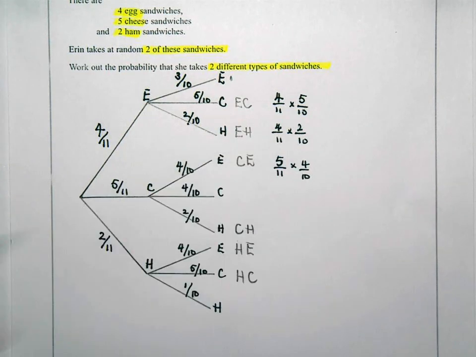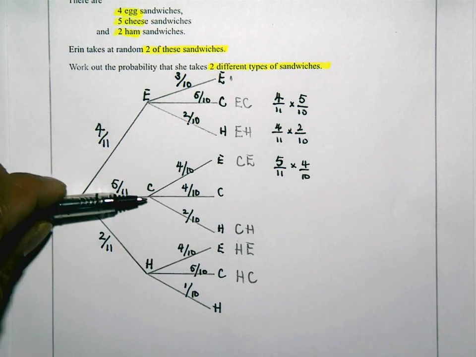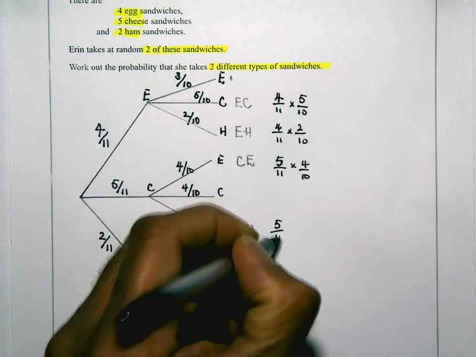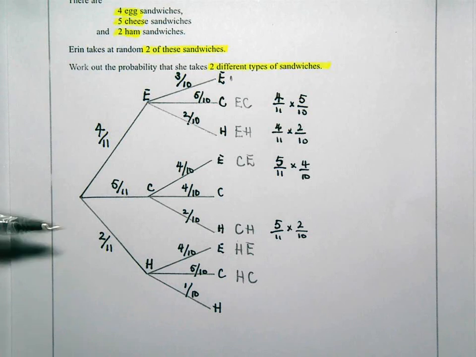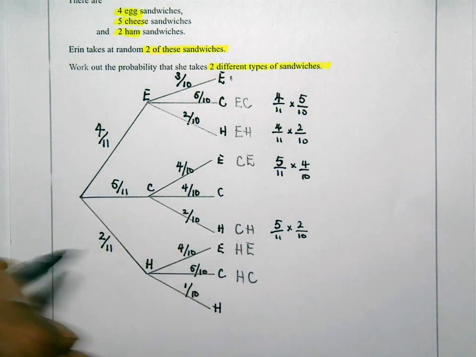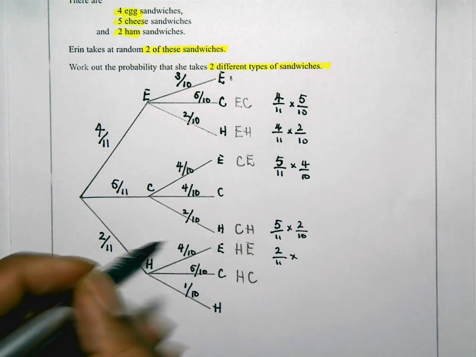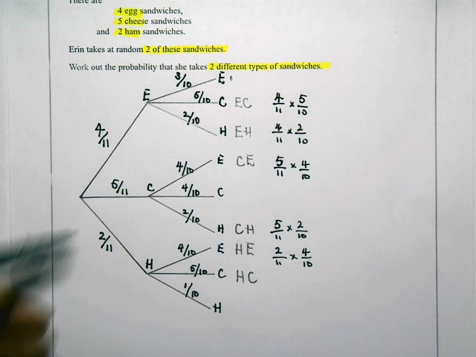Down here, cheese followed by ham, 5 over 11, 2 over 10. Ham followed by egg. And finally, 2 over 11 times 5 over 10.